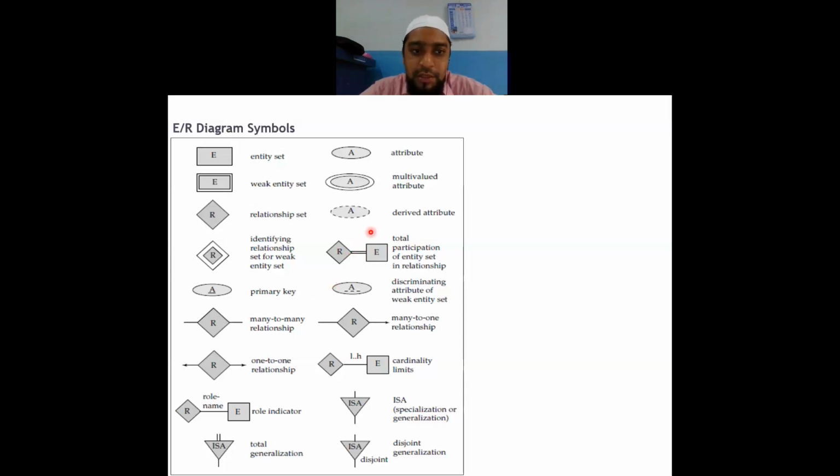In the same way, if only some of the entities in this entity set are participating in this relationship, for example, there are 60 students participating in a particular exam. If all 60 students participate in the exam, then I can say it's total participation. If there are only 50 students who are participating in the exam, then I can say it's not total participation, it is partial participation.